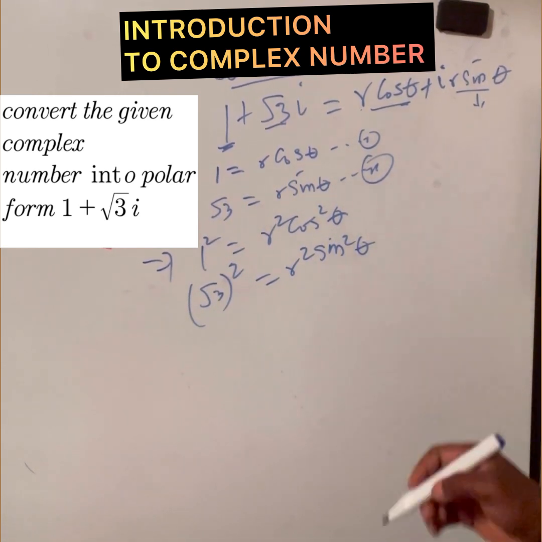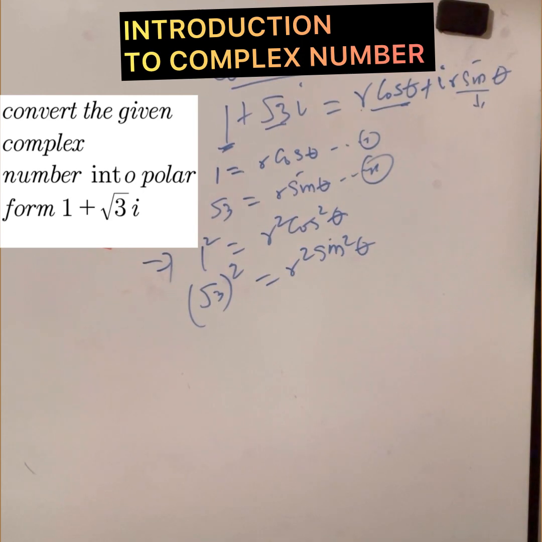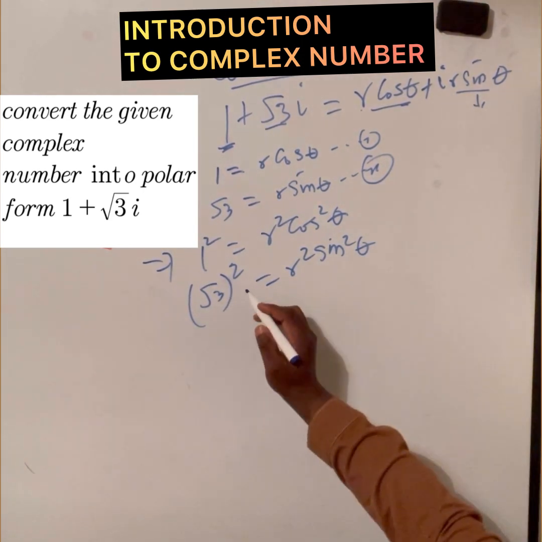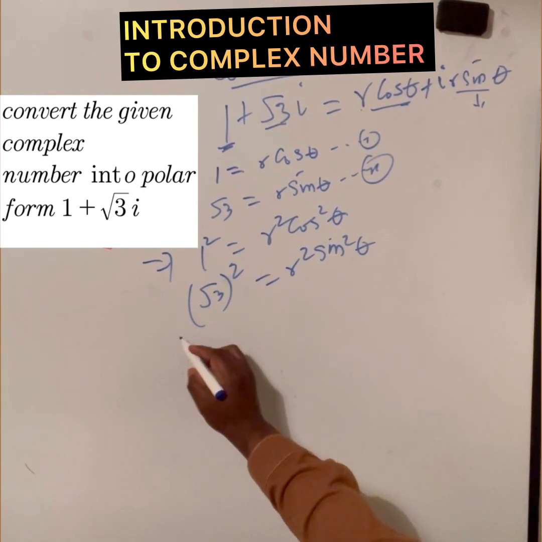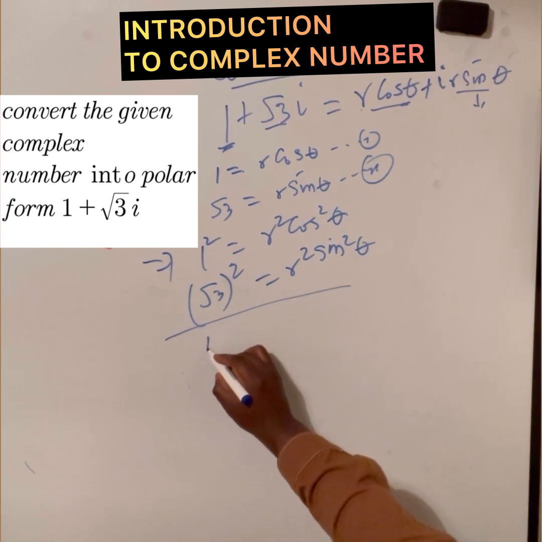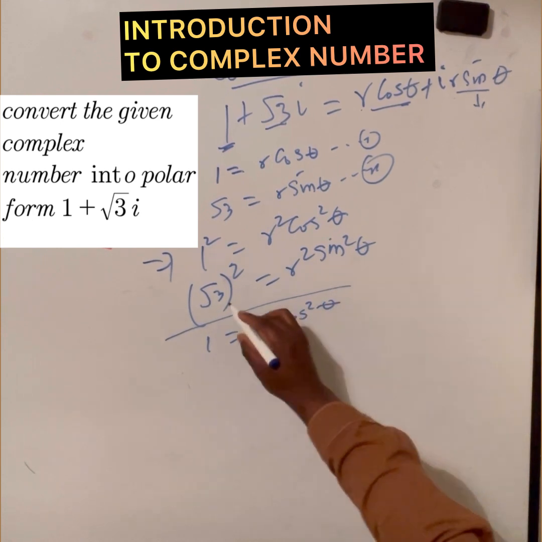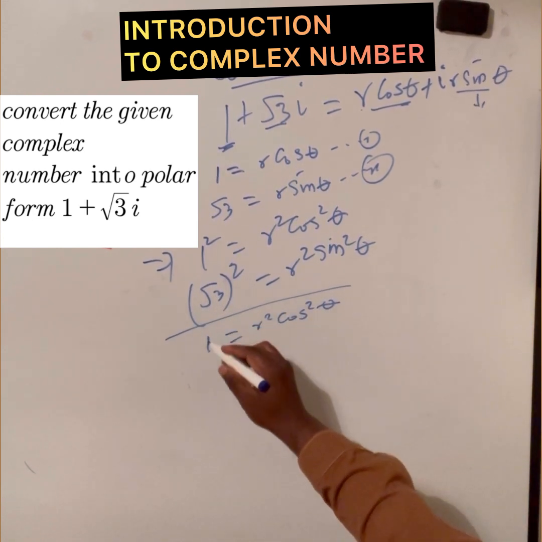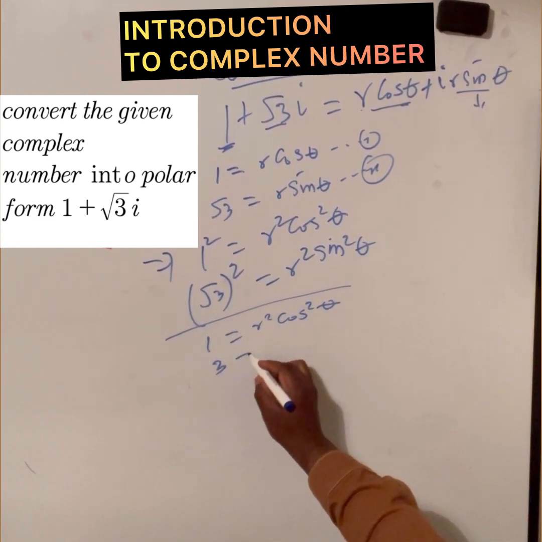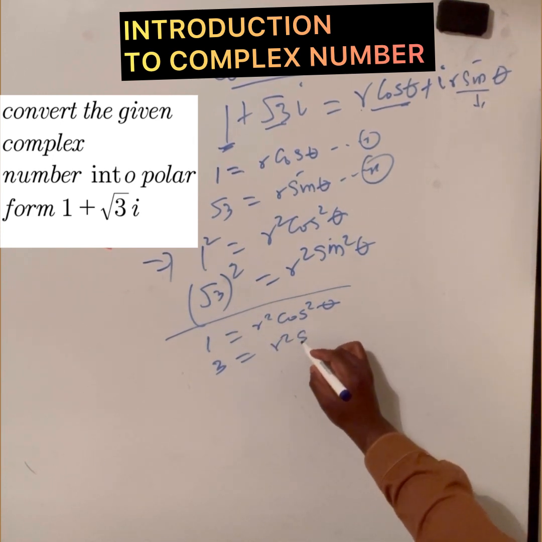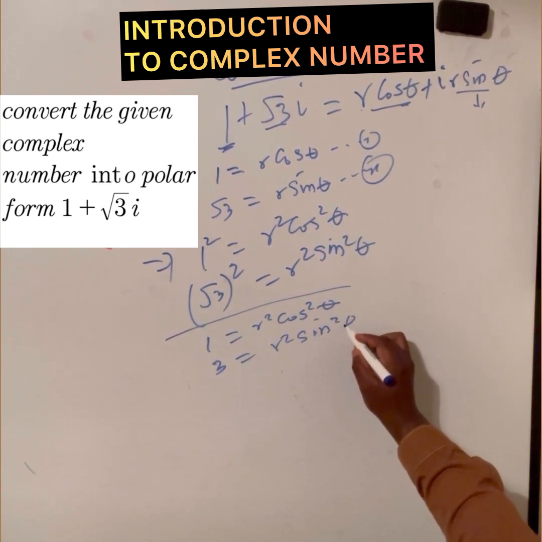Now I'll solve the simultaneous equations. 1 squared is going to give me 1, so 1 is equal to r squared cos squared theta. Square root of 3 squared is going to give me 3, that is equal to r squared sine squared theta.